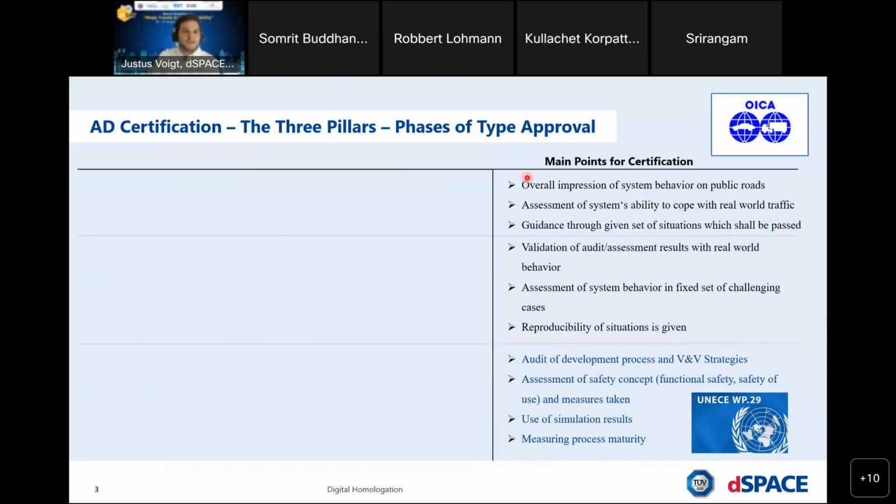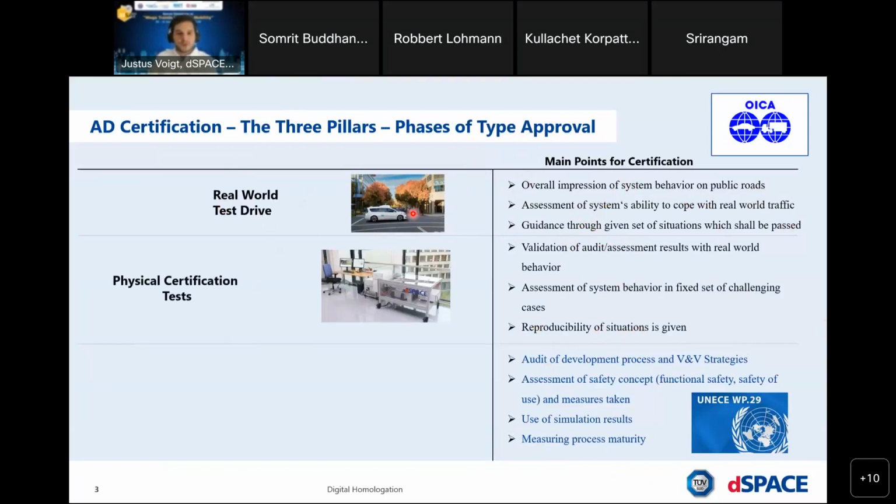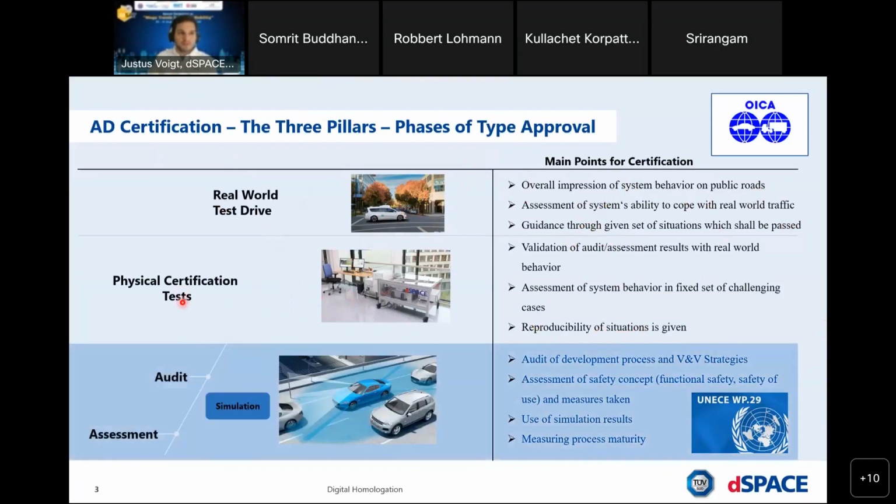This slide gives an overview of certification. Of course, real-world test drives play a crucial role, but as time to market is one major point for every automotive manufacturer, they want to run more test kilometers faster, with automation and reproducible. These are the benefits physical calibration tests and simulation are giving.